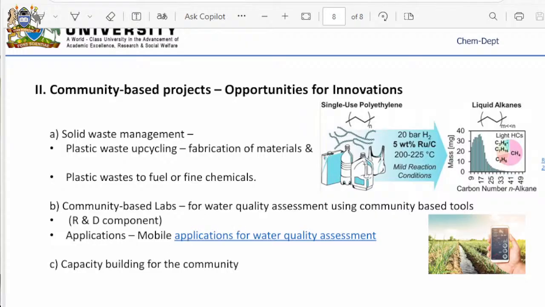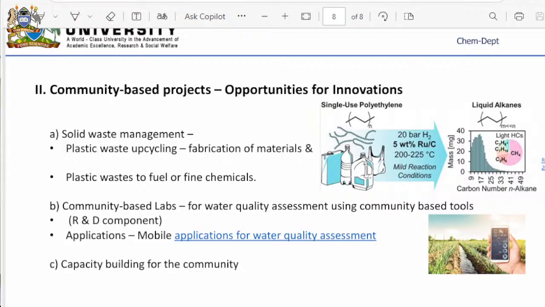Yeah, I think that's one space I've been in for some time. And then the other one, other than the fuel, is community-based labs for water quality assessment. This is another project that we are working on with the community. I usually have a department on social initiatives. And I've come to realize that the community might not benefit from us if they don't know what we are doing.